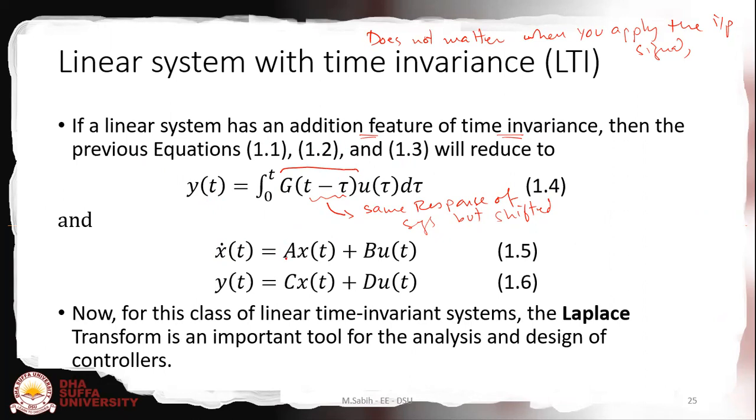And there is a little change from here. Previously, this was x dot of t equals A of t x of t plus B of t u of t. So now B of t will become simply B and A of t will become simply A. So it means they also become time invariant.